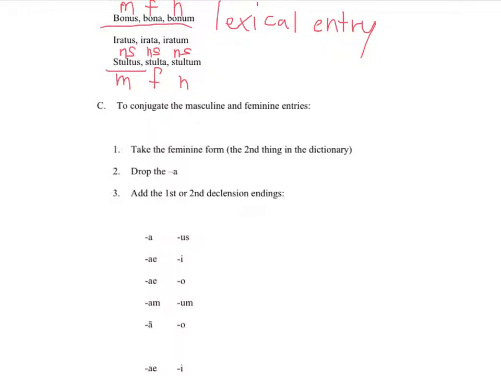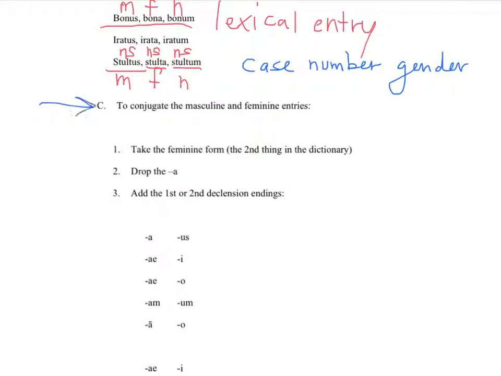Stultus would be used for a boy or any masculine noun. Stulta would be used for any feminine noun. Stultum would be used for any neuter noun, because adjectives have to agree with the nouns they modify in case, number, and gender. It's a crucial point and often a problem for students.